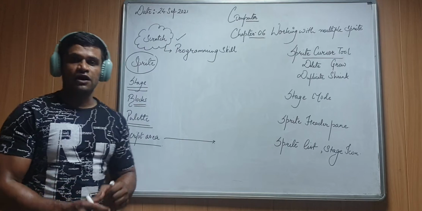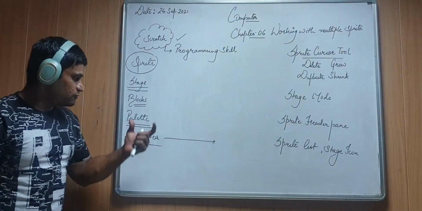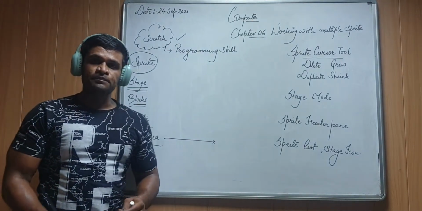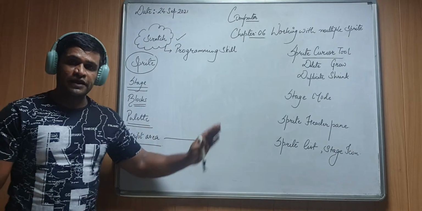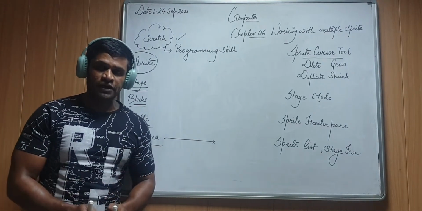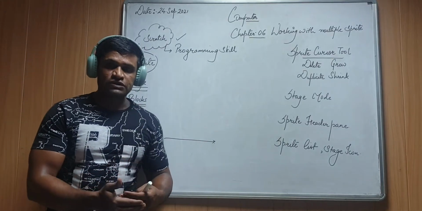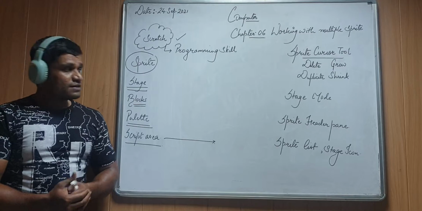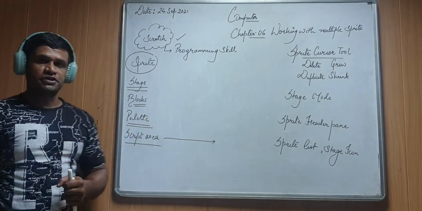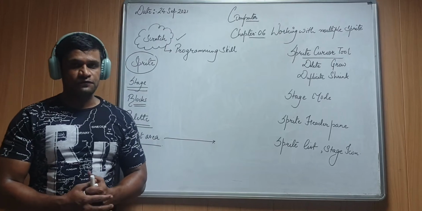So the script area is where you drag the scripts or commands from the palette, where they are combined and joined, so that the sprite can follow those commands and perform the task as per the given script. This is a basic introduction of the chapter Scratch, which you learned in class 4.